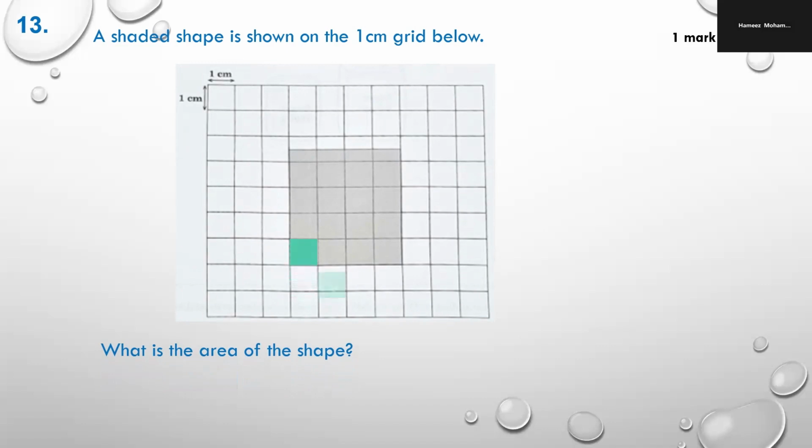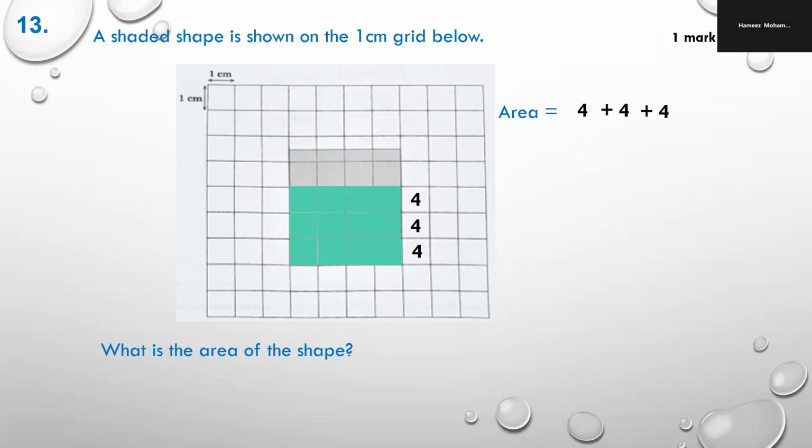So we could cover it in green squares, 1, 2, 3, 4. So you can write out the area for the first line is how much? 4. One group of 4. And we can do for the second row, another group of 4. And for the third group, another group of 4.